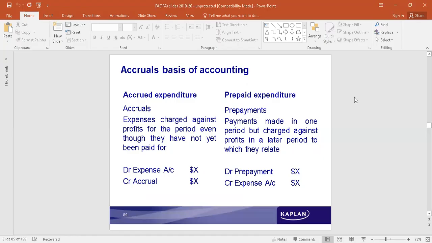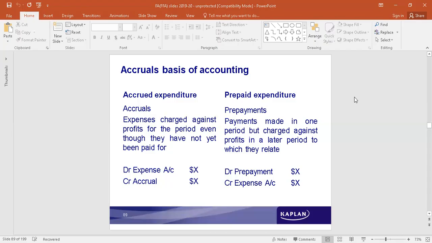If it is prepaid, prepayment is a benefit that is not yet realized. The payment is already made, but the benefit is not yet realized. So the payment is made as against the expenses.